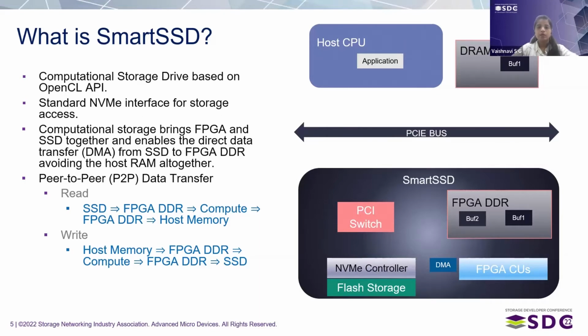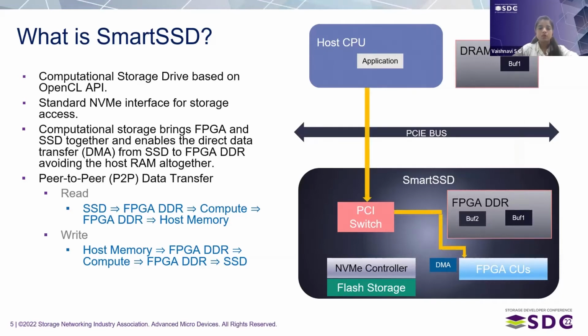Now let's look at how an application running on host CPU can make use of SmartSSD to offload compute tasks. The first thing the application does is to trigger DMA to move the input buffer into the FPGA DDR. It then triggers the compute engines in the FPGA.